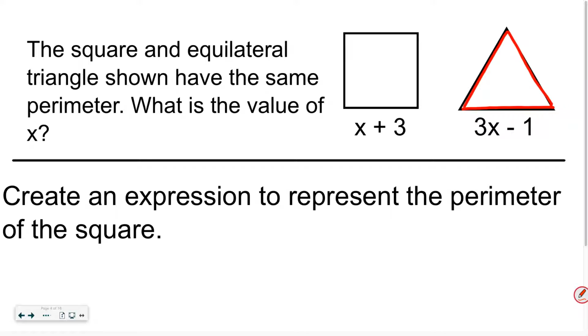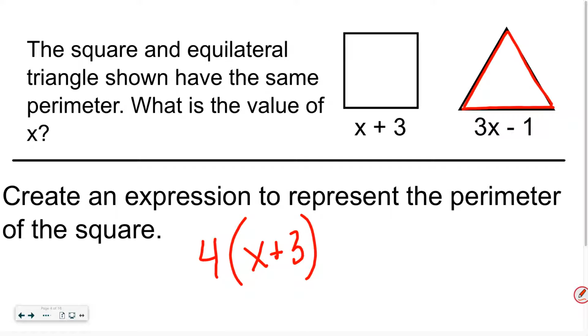Perimeter of the square, how can I represent that in an expression? You could multiply one of the sides by 4. Perfect. I can take the side that I know and multiply it by 4.